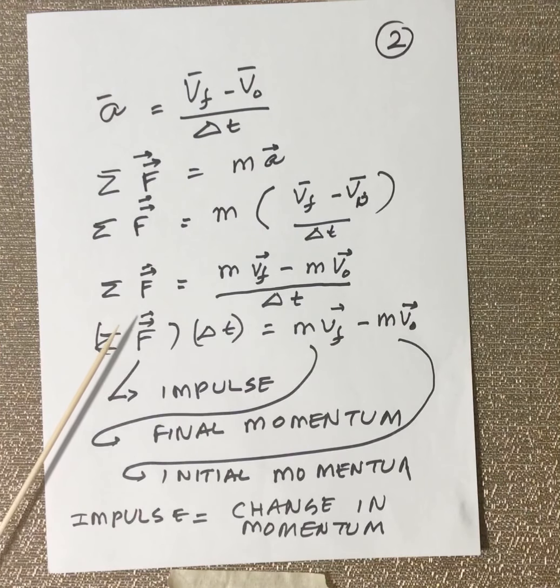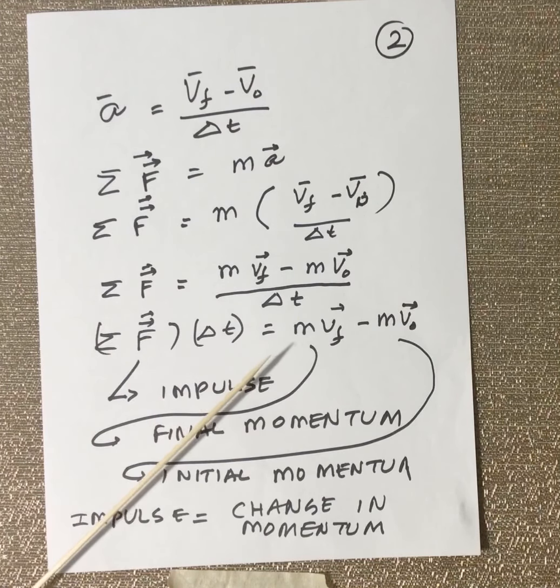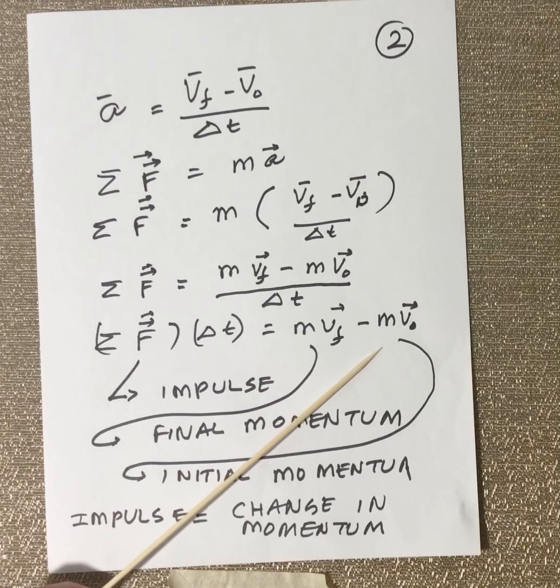So divide delta T on the right side and multiply that with the force. So force times delta T will equal mass times final velocity, take away mass times initial velocity.